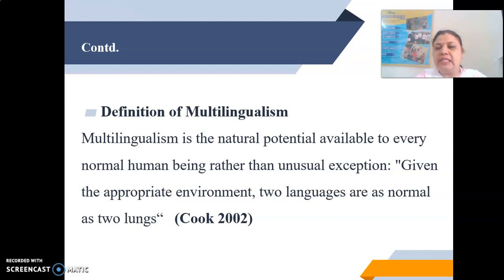Multilingualism: in this term, multi means many and lingualism means languages. So we can say that multilingualism is the ability of an individual to speak many languages.